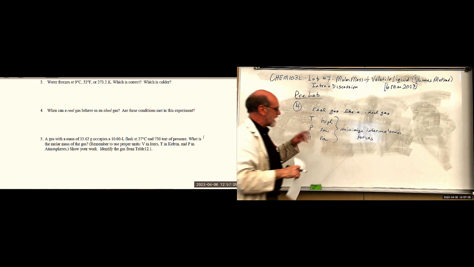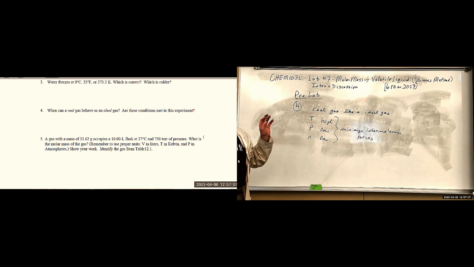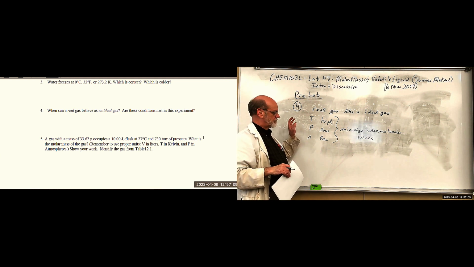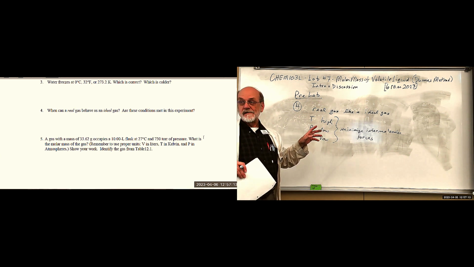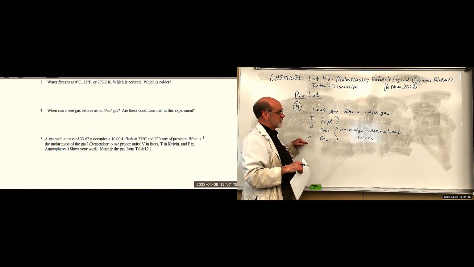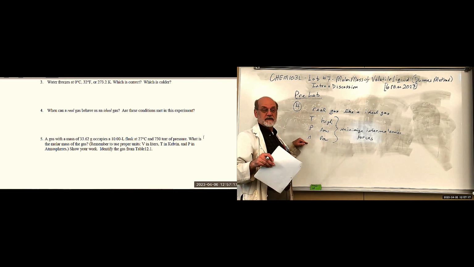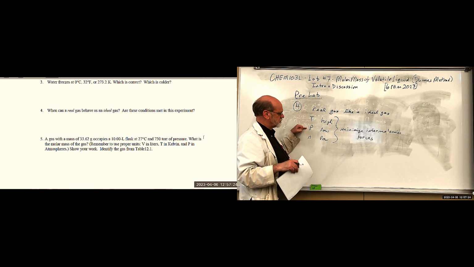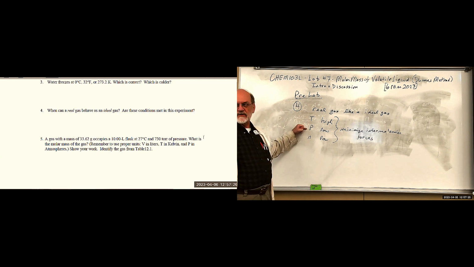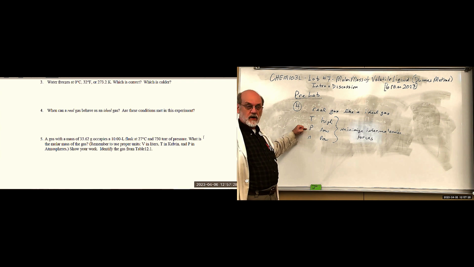You don't want these gas molecules attracting each other, repelling each other. If you have very few of them, the probability they're going to interact is lower. If the pressure is low, it means you don't have much in there, a large volume for the same amount.